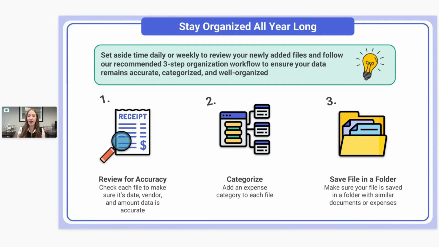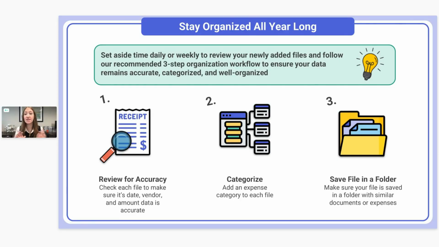Smart categorization will actually learn over time how you prefer to categorize expenses from certain vendors, and it will automatically apply your preferred categorizations to receipts and other files moving forward. And smart categorization gets even more personalized over time. The more that you categorize your files, the smarter smart categorization will get.